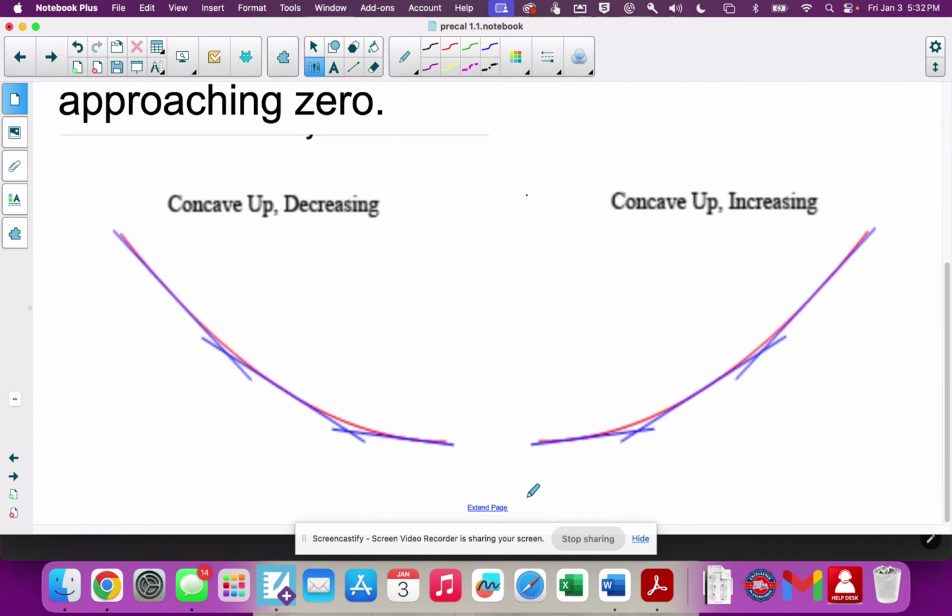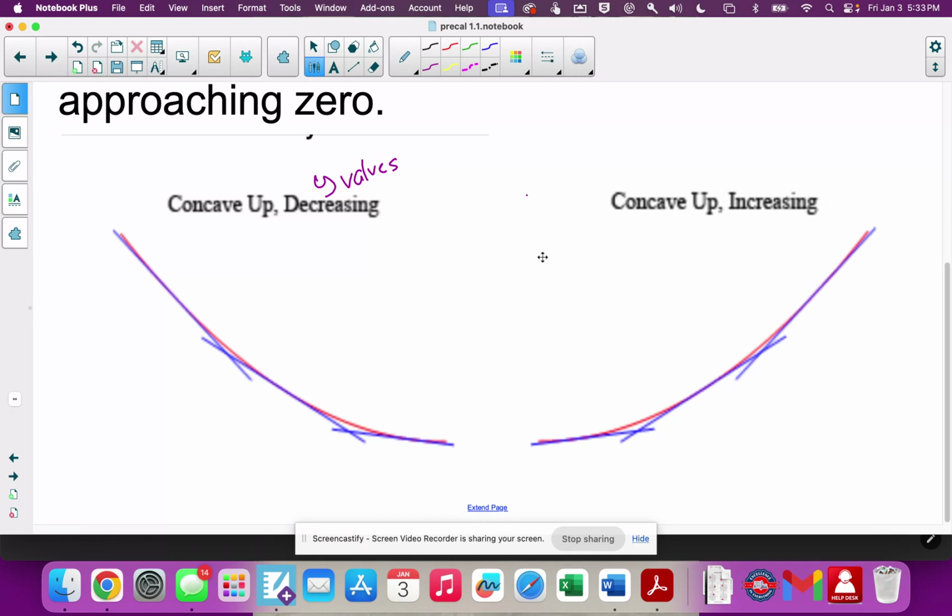And it's interesting in that, for a fact that the graph itself, the y values or the dependent values are decreasing, but it's still concave up because the slope is increasing.